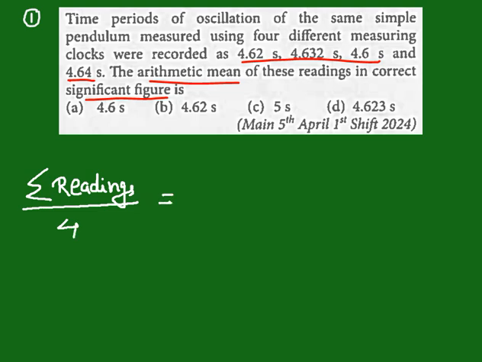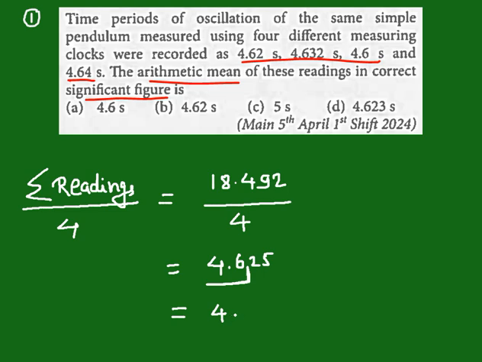If you add all these readings, you will get 18.492, and dividing it by 4 you will get 4.625. So carrying the significant figure up to the first digit, we will answer this as 4.6.